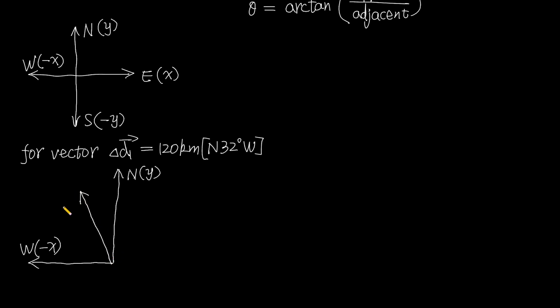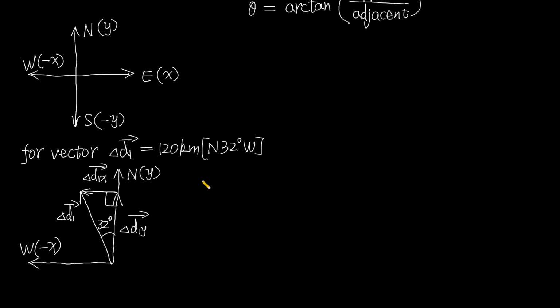This is the vector delta d1. Now this vector is delta d1y, and this vector is delta d1x. This is a right angle. This angle is just 32 degrees.